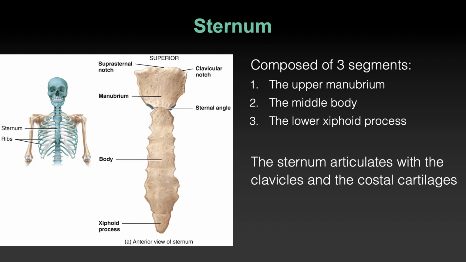The xiphoid process is a really useful landmark for putting on heart rate monitors when you get to XFIS. When you need to put a heart rate monitor on, where do you put it? Around the thorax at the level of the xiphoid process. You know exactly where to put your heart rate monitor.